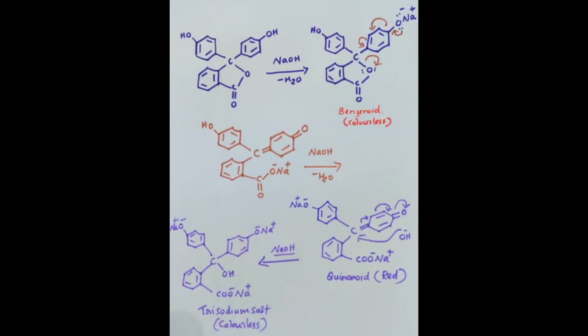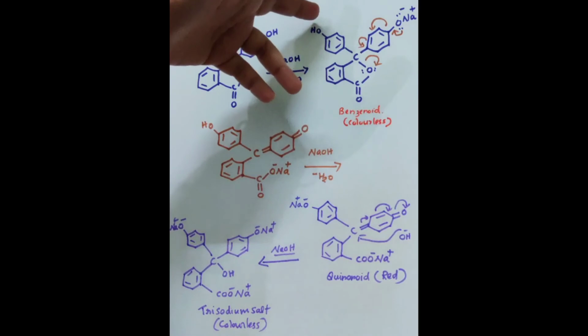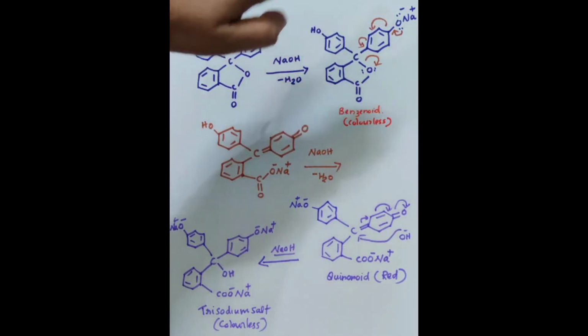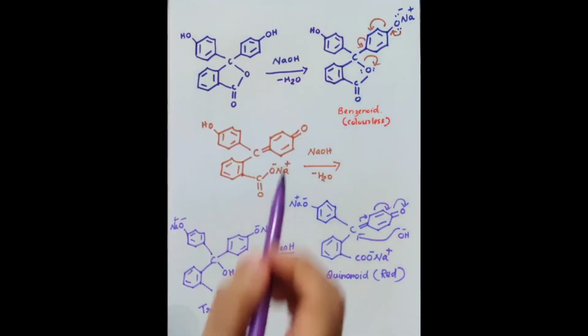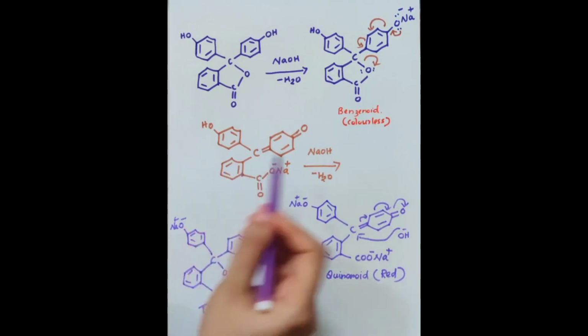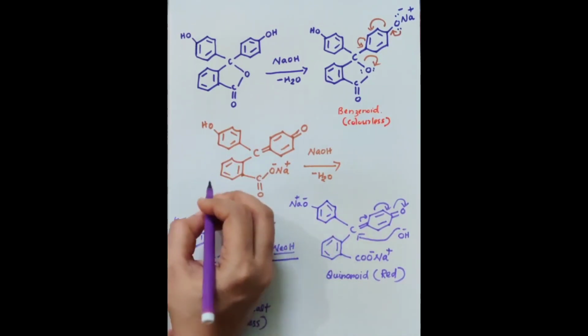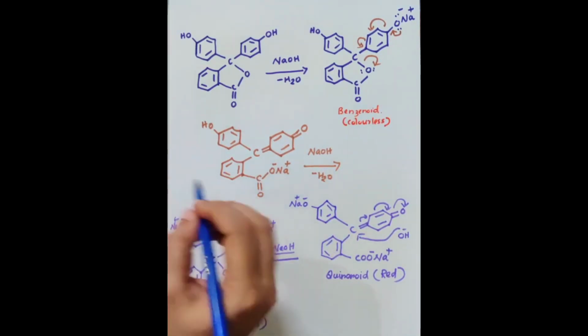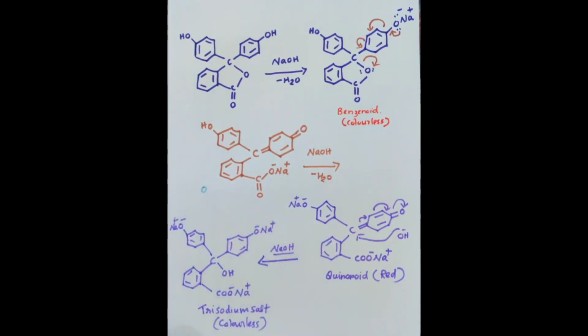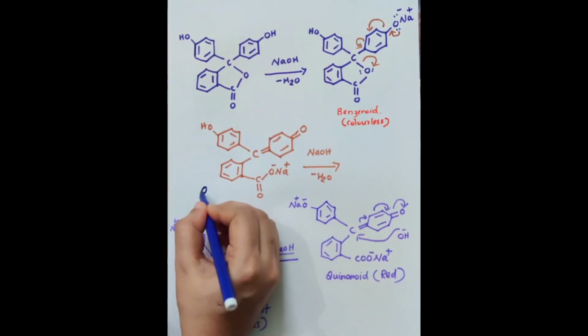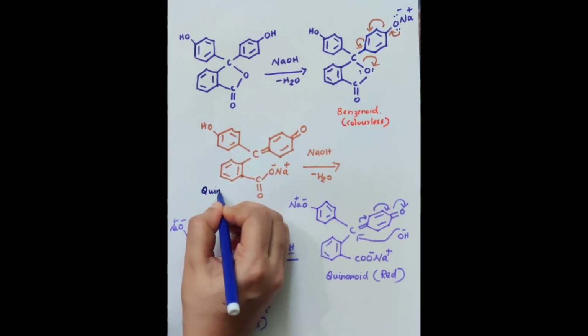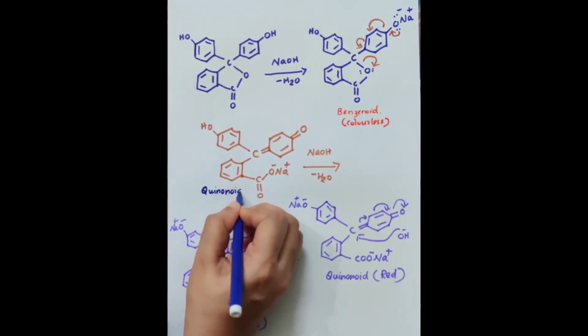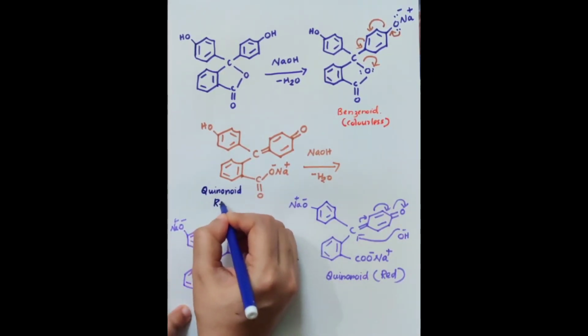First, when alkali is added, we get a benzenoid structure which is colorless. This structure changes to the quinonoid form, which is red in color.